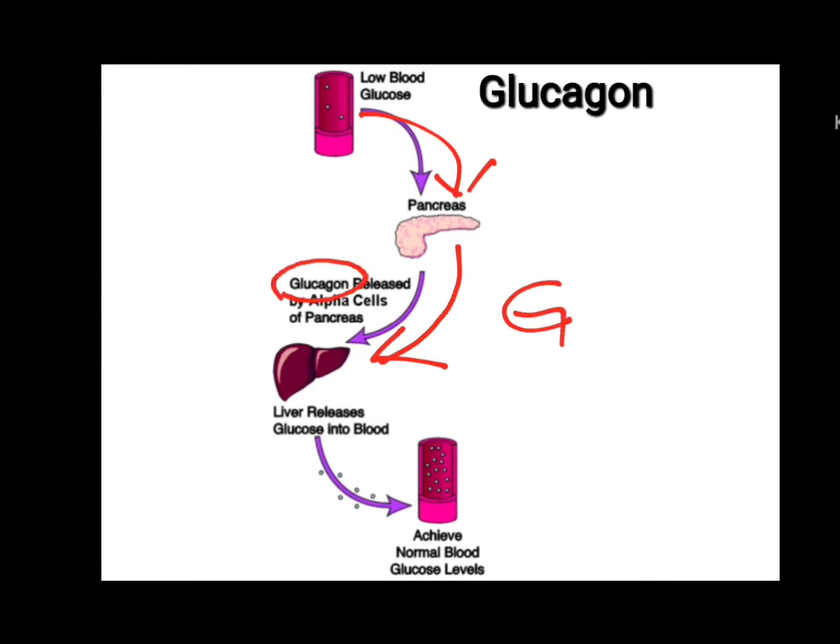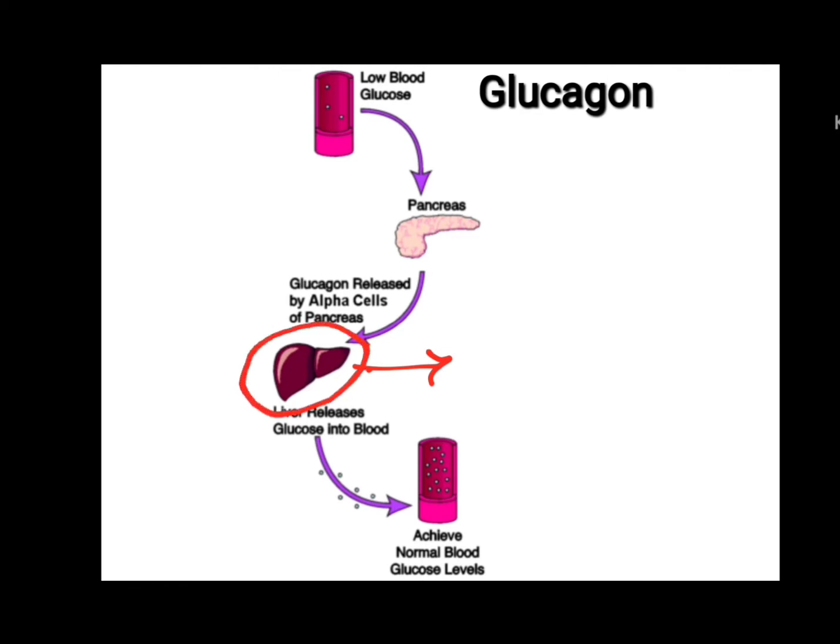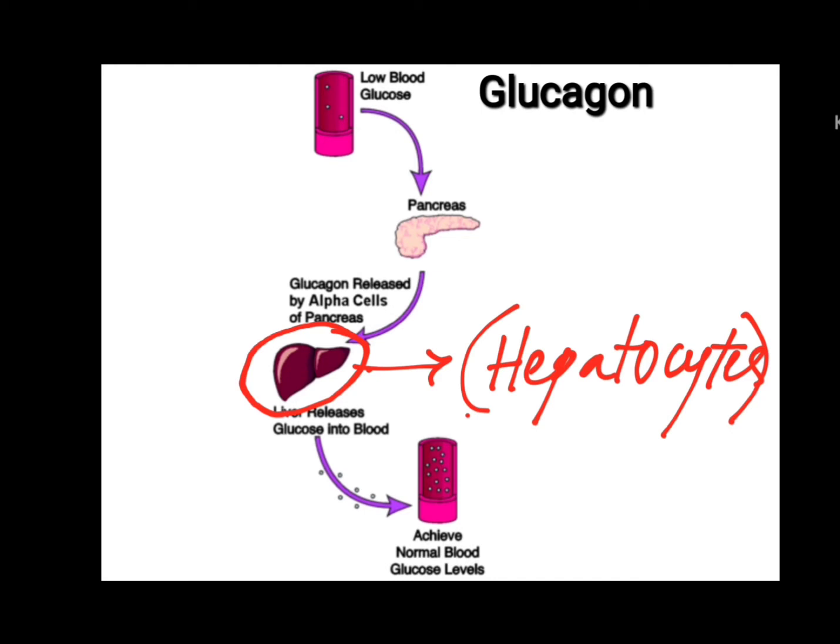What these glucagons will do is act upon the liver, particularly the hepatocytes, the cells of the liver. And the liver starts releasing glucose molecules into the blood. When these glucose molecules are dissolved in the blood, the blood sugar level will be increased.